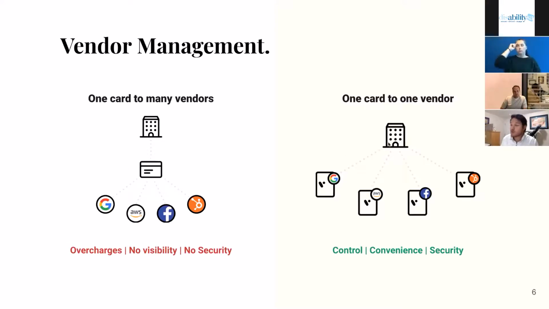So with virtual cards, we can actually put an individual virtual card for every vendor. What that's going to allow us to do is we can put a budget for each of these. So if they try to charge you more than what's on there, say $1,000, it's going to decline it for you. Second, if you have fraud on your card, I'm not having to call up all of my vendors.